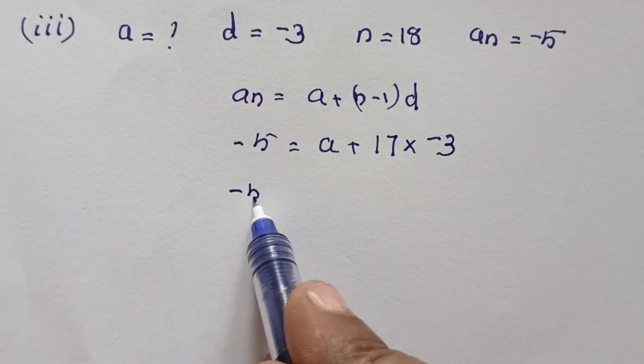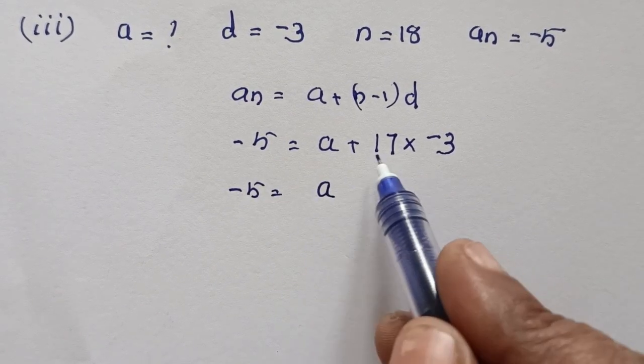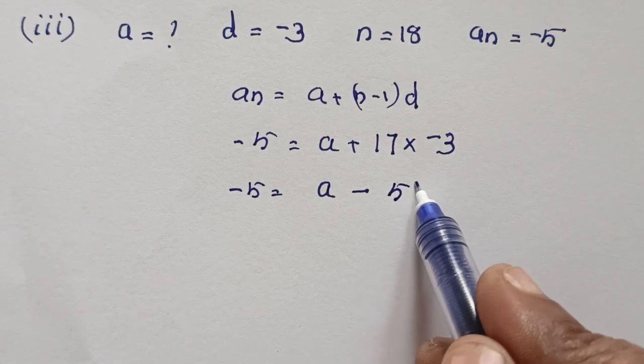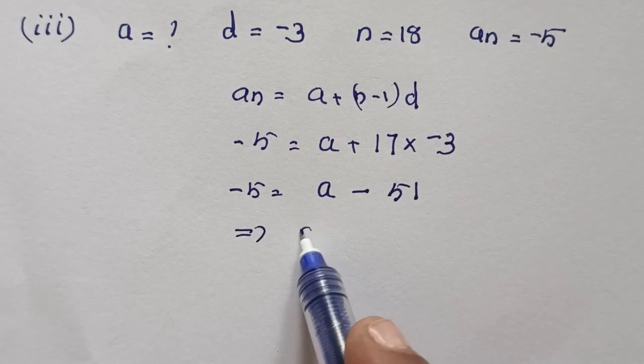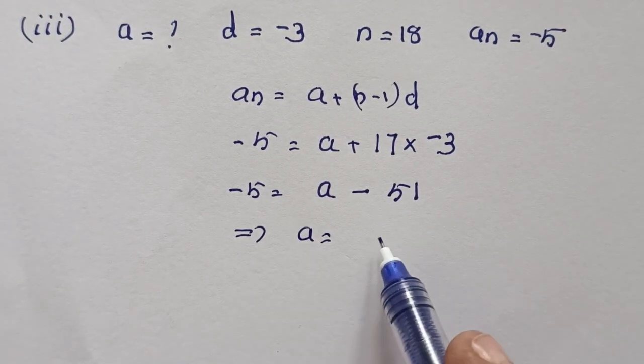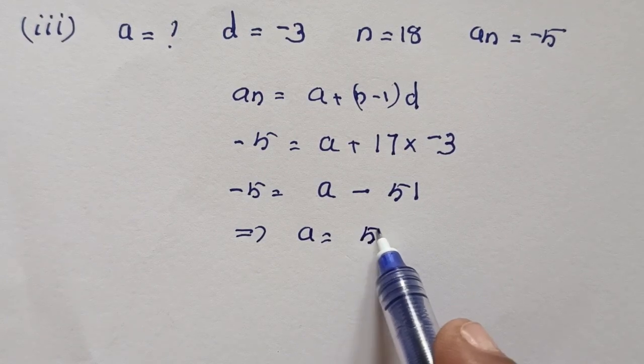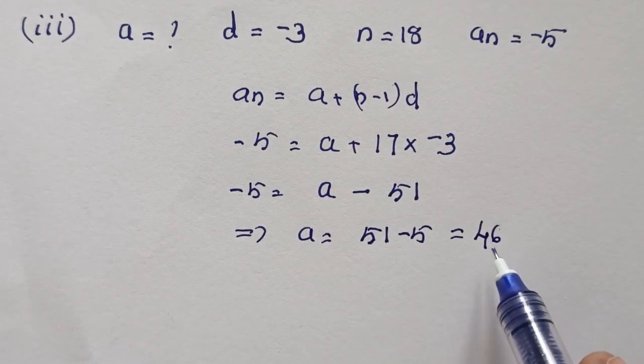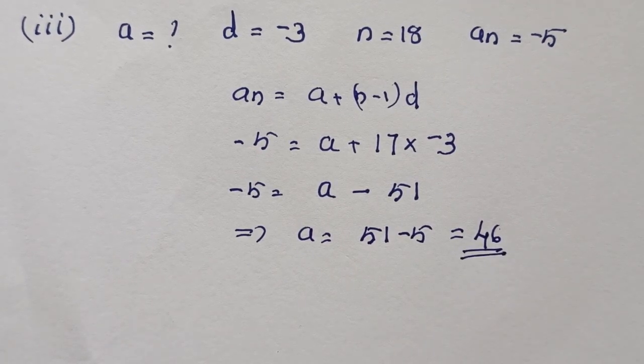That is minus 5 equal to a plus minus 17 into 3, equal to 51. From that we get a equal to, when you take minus 51 to LHS, it will become plus 51 minus 5, that is equal to 46. First term equal to 46.